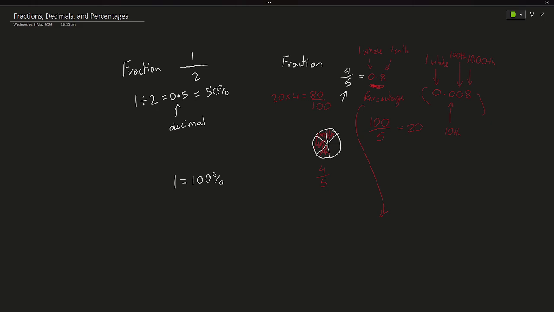So we can obviously see here that the fraction, if we convert 4 over 5 into 80 over 100, we already have our percentage there, because percent means out of 100. So we already have our percentage there of 80%.